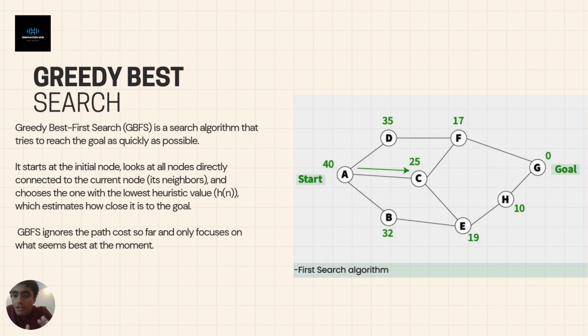Because the algorithm always chooses what appears to be the most promising, most efficient path at the moment, it can often reach a goal very quickly, using the shortest path possible. The downside, however, is that greedy best first search only considers the heuristic estimate and ignores the cost of the path already taken.